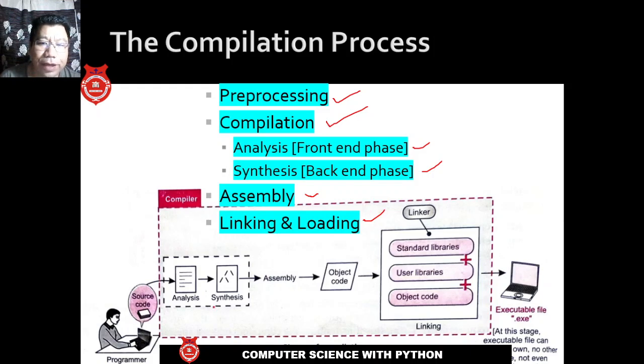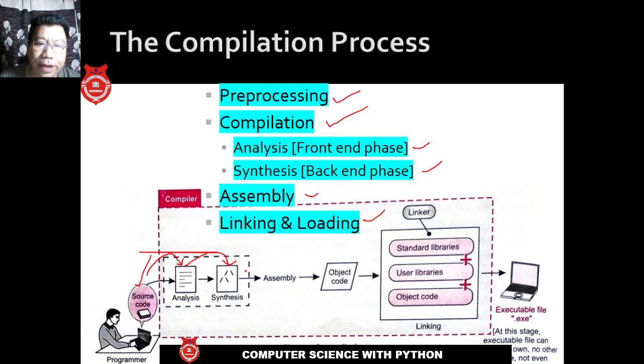This picture is taken from your textbook. As per this picture, you, the programmer, will write, even though you are a student, the Python code, which is known as the source code, and after writing the code it will go to the analysis phase. After that analysis phase, it will go to the synthesis phase.